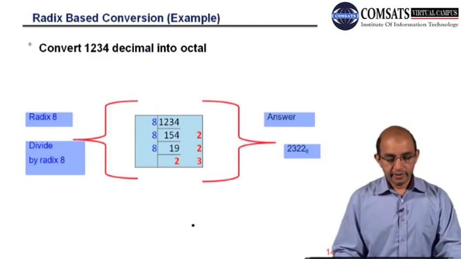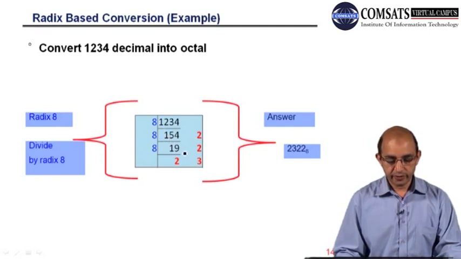So here again this is radix 8, number 3 8. What we need to do is divide. This is the quotient and remainder. Again divide by 8, quotient and remainder, and further it is not divisible.